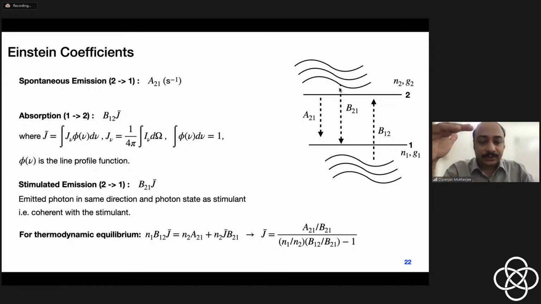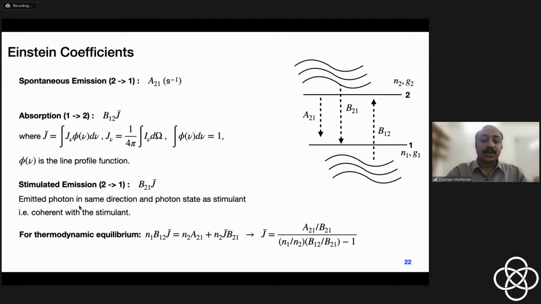But once at level 2, it will have a tendency to decay to level 1 again. Firstly, due to the spontaneous emission, and secondly, due to the stimulated emission, which is the rate of decay from level 2 to level 1 that is proportional to the intensity of the radiation. And the photon is emitted in the same direction, and the photon is in the same state as the stimulant.